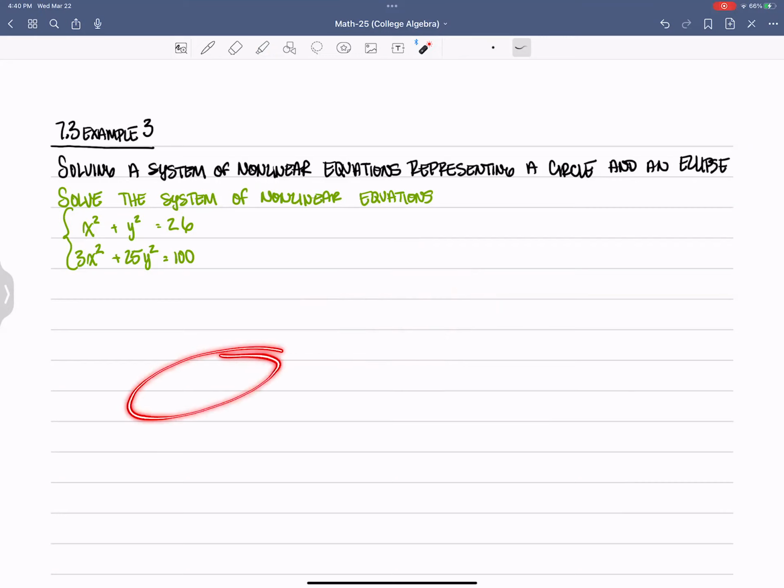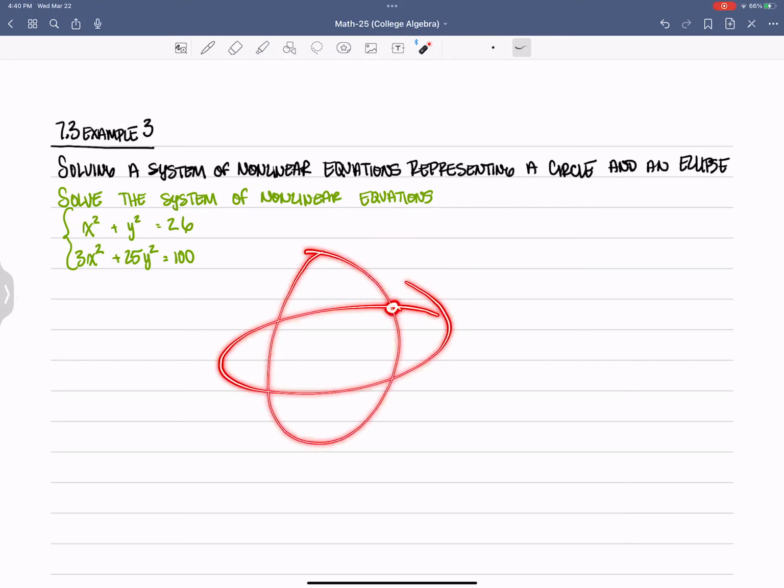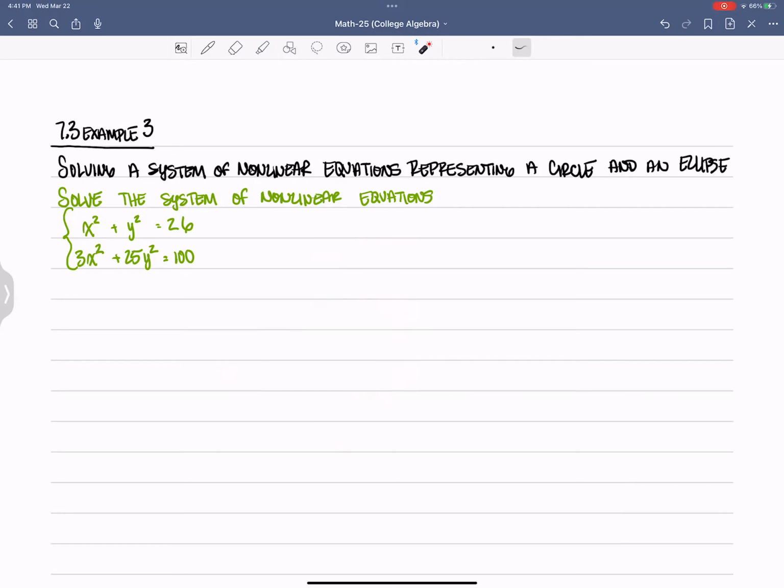Or we could have an ellipse over here, a circle way over here. So our possibilities are 0 solutions, 1 solution, 2 solutions, 3 solutions, or 4 solutions. Again, ellipse, circle, we could have a possibility of up to 4 solutions.